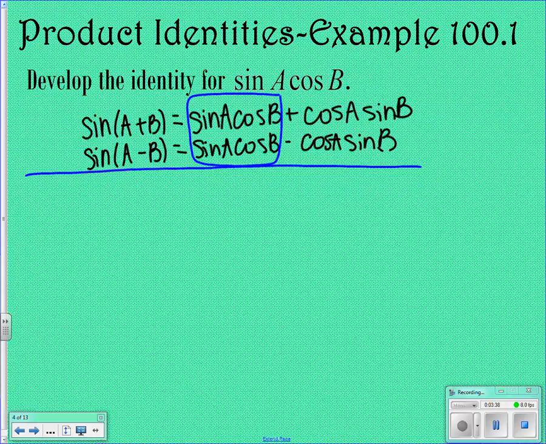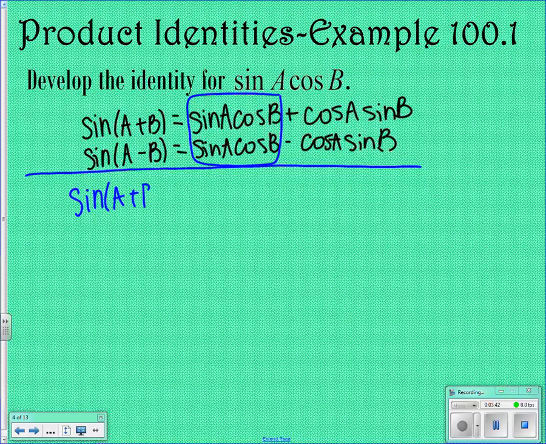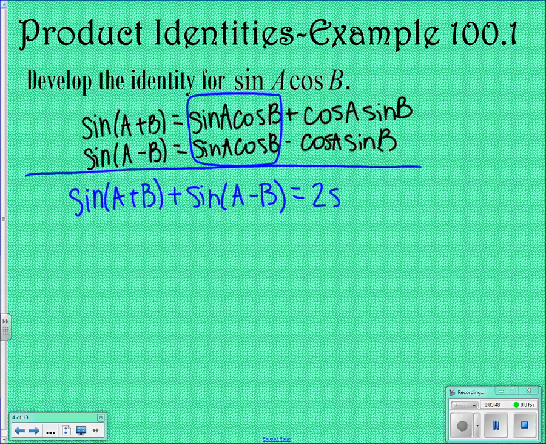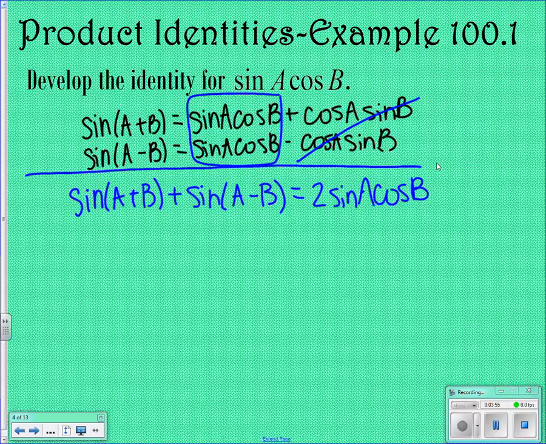And so if you add these two together, you'll have the sine of A plus B plus the sine of A minus B, and then you'll have equals 2 sine of A, cosine of B, and then the cosine of A, sine of B part cancels because one was positive and one was negative.